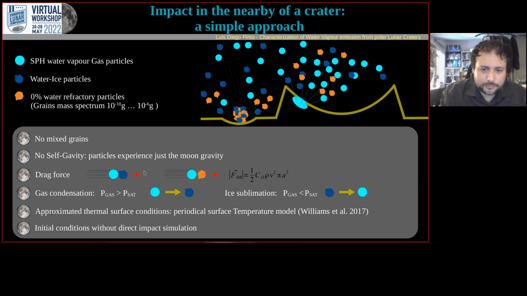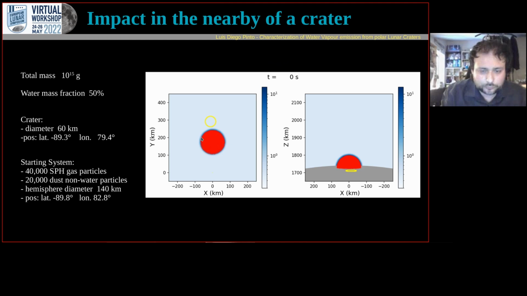And so I'm going to show you the initial condition of a simulation, an example of a test we performed by schematizing the gas and the dust as an initial hemisphere made by 50% in mass of dust particles and 50% in mass of SPH gas particles.